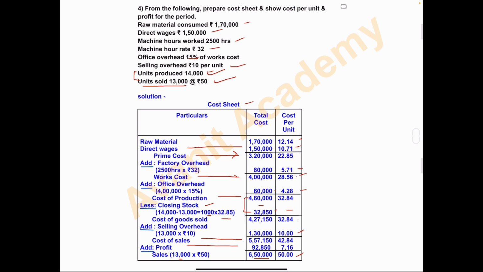Same we will do for cost per unit. Selling price is 50, from 50 minus 42.84, and you will get 7.16. Profit per unit is 7.16, and profit on 13,000 units is 92,850.